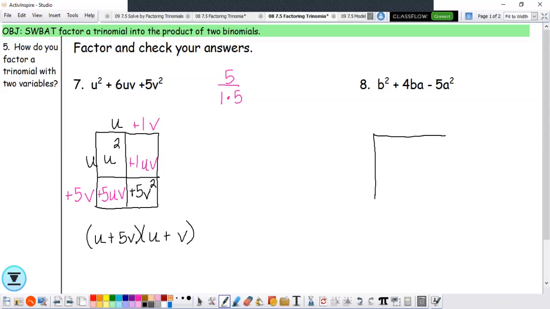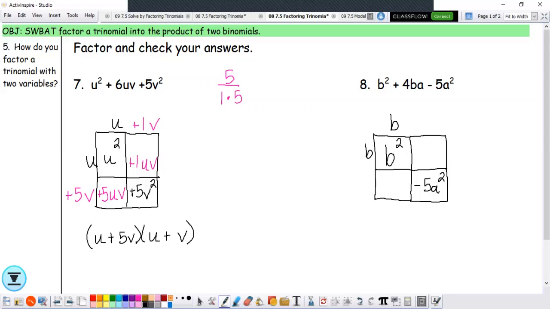Again, we'll put one of the squared variables in the top left, and we will put the other one in the bottom right. So in this case, negative 5a squared is in the bottom right, b squared is in the top left. To get b squared, it's going to be b times b.